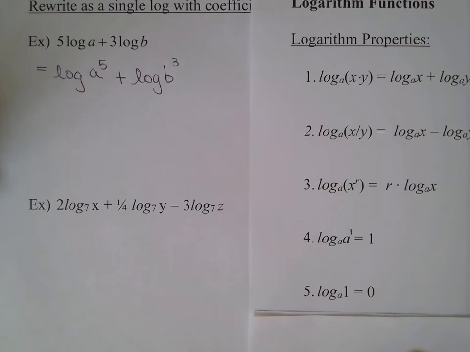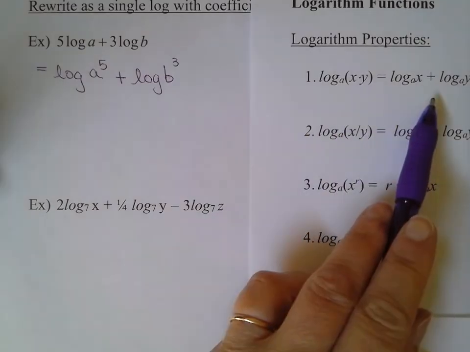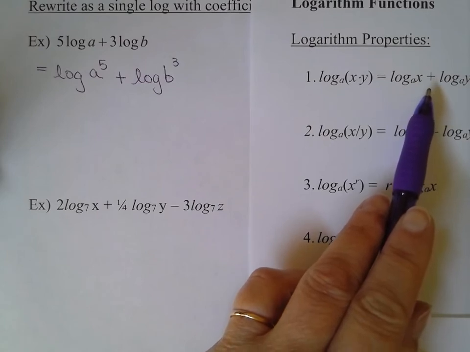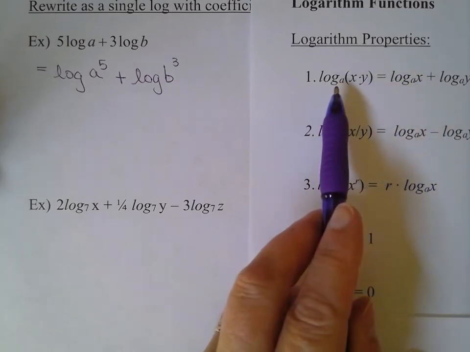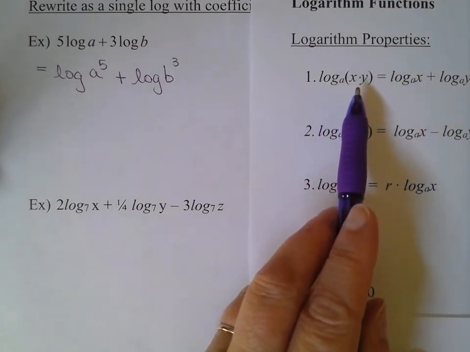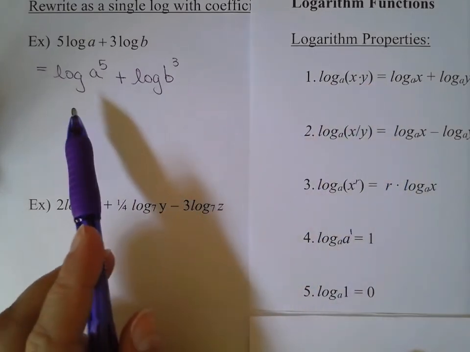Which property can I use next? Yeah, number 1, because I have addition here. So if I have two logarithms that are added together, they do need to be the same base. Then I can combine them into one logarithm by multiplying their insides. What is the base here for these logarithms?